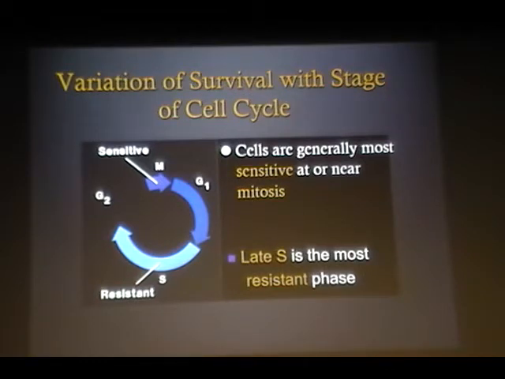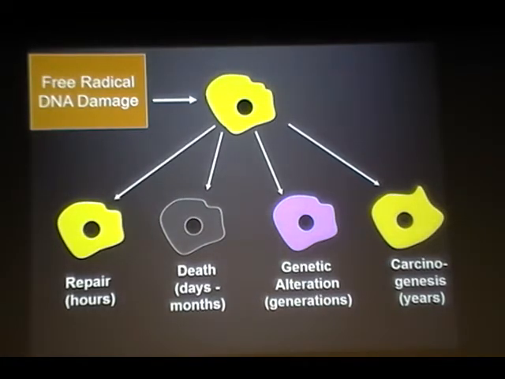So please remember, this is a very, very important slide for your boards. Near mitosis, the cells are more sensitive to radiation. Late S phase is not. Probably you could expect a question on your midterm or maybe your final, I don't know.